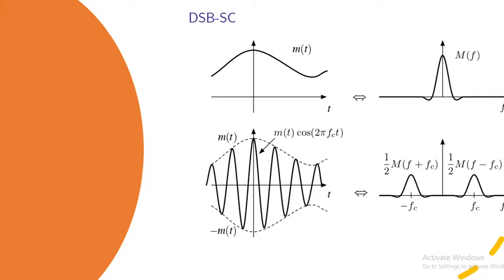Half M(f plus fc) is on the left hand side around minus fc, and half M(f minus fc) is placed around plus fc. So the message signal shifts to plus fc and minus fc, and the total power has to remain constant. That is shown by half. So half, half, if you add them, that will become 1 M.